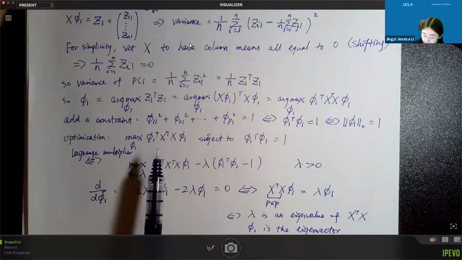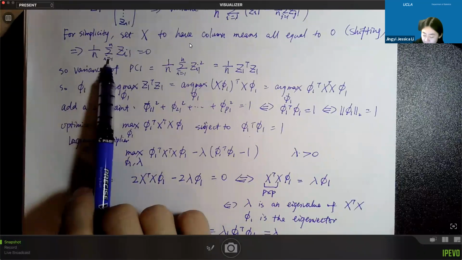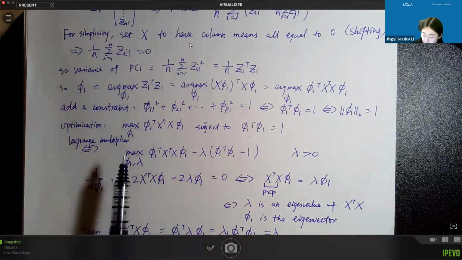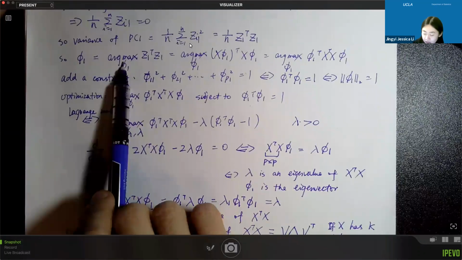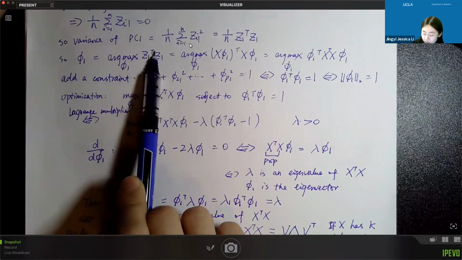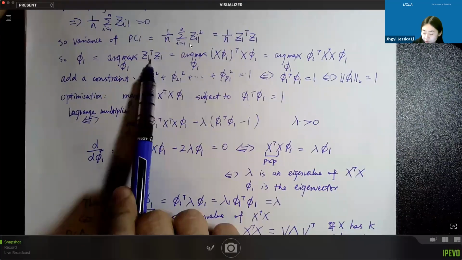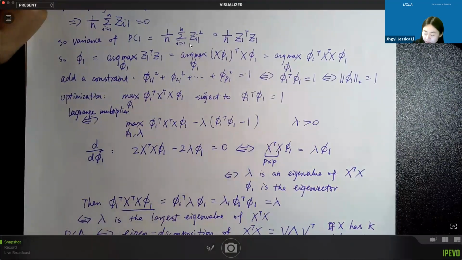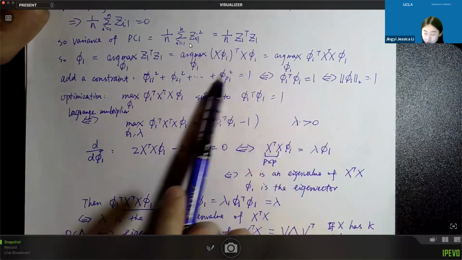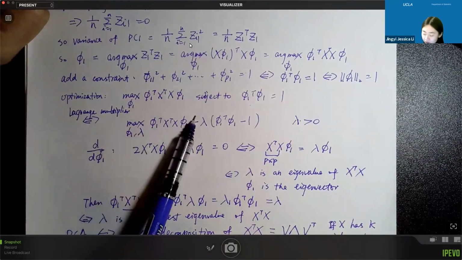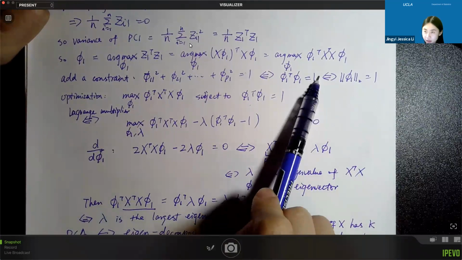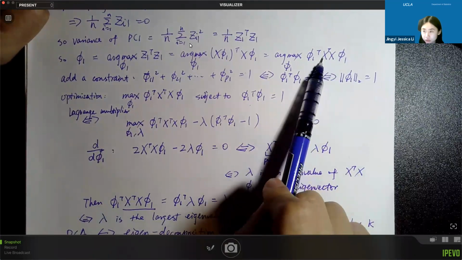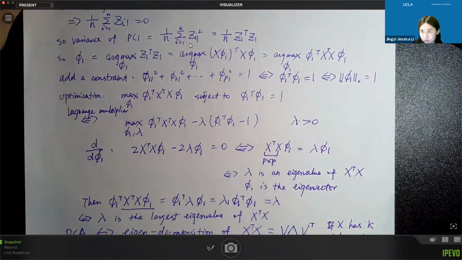Therefore, maximizing the variance of Z1 is equivalent to maximizing the inner product of Z1 with itself. Then we find that the problem, by the Lagrange multiplier approach, can be written as an eigen decomposition problem for X transpose X, the p by p feature by feature matrix.